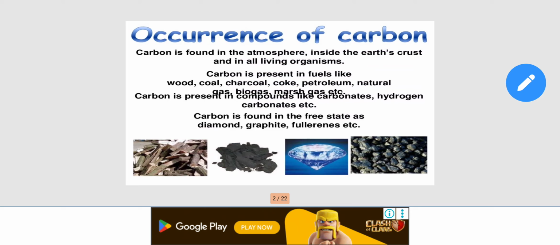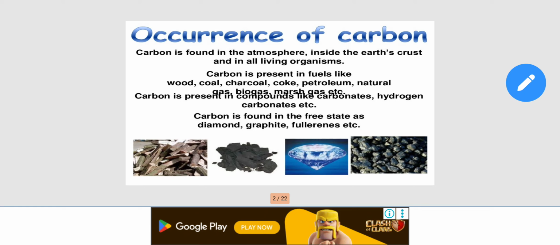Carbon is found in the atmosphere, inside the earth's crust, and in all living organisms. Carbon is present in fuels like wood, coal, charcoal, coke, petroleum, natural gas, biogas, marsh gas, etc. Carbon is present in compounds like carbonates, hydrogen carbonates, etc. Carbon is found in a free state as diamond, graphite, or fullerenes.